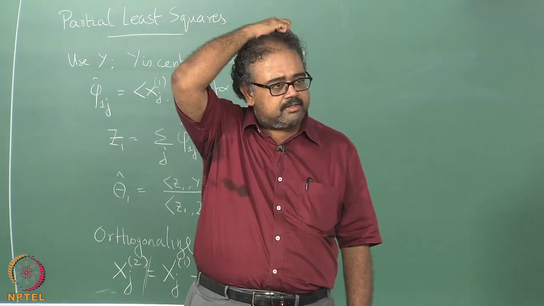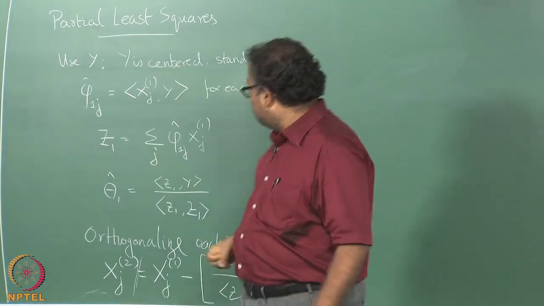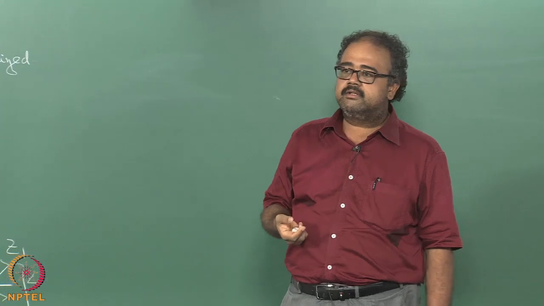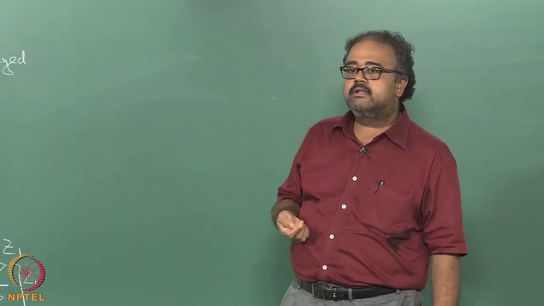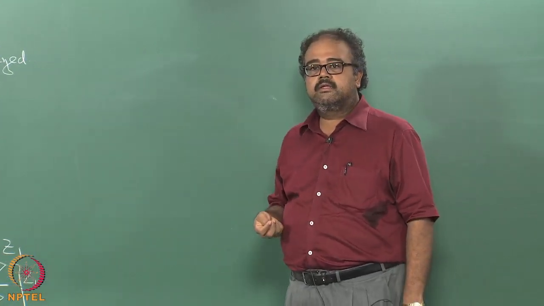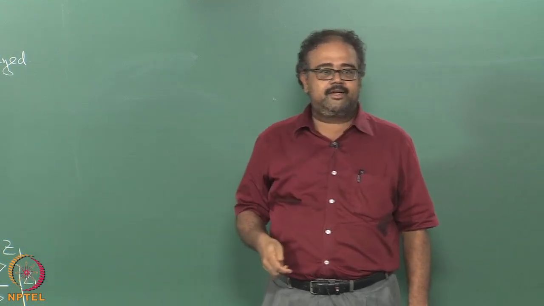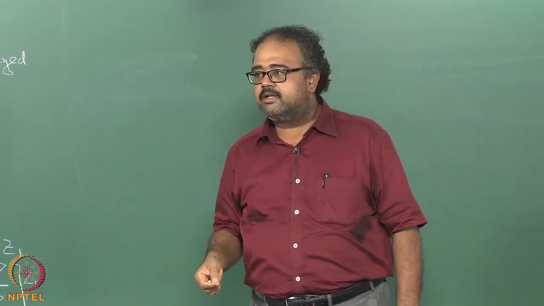Is that fine? Great. So once I get this theta 1 to theta k, how do I use it for prediction? Can I just do x beta, like I do x beta, can I do x theta?